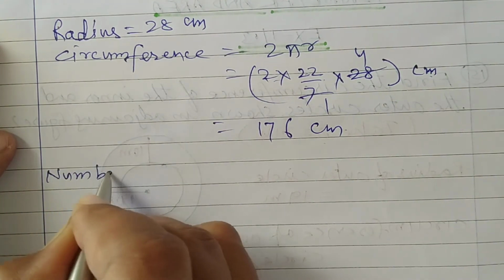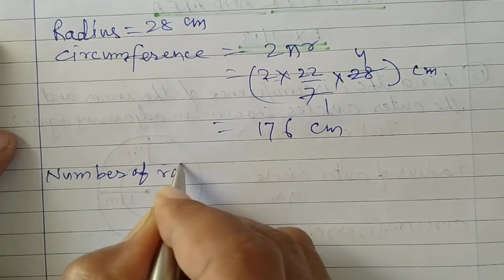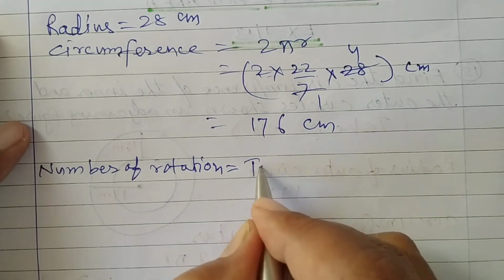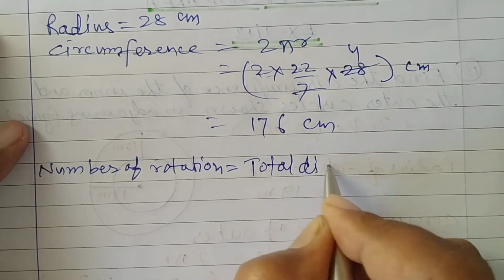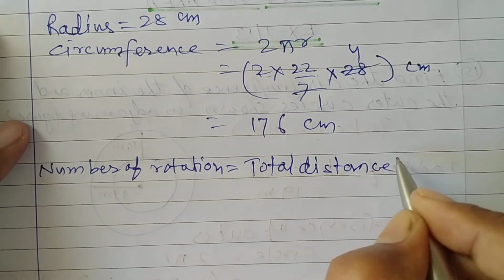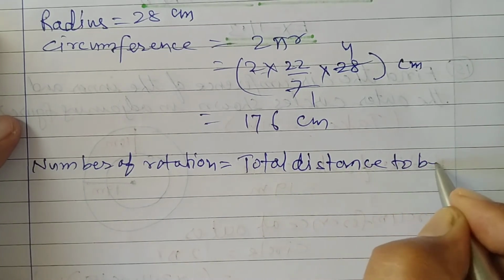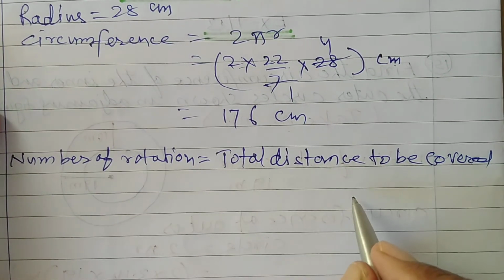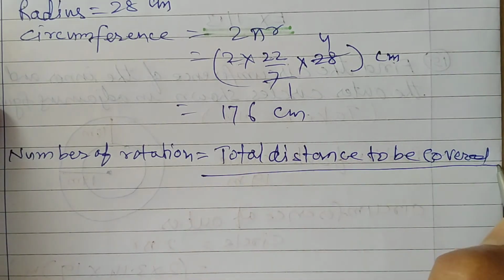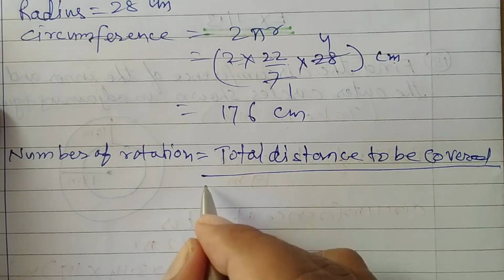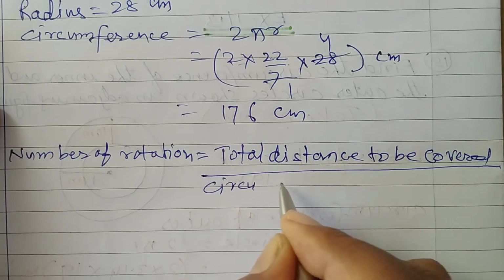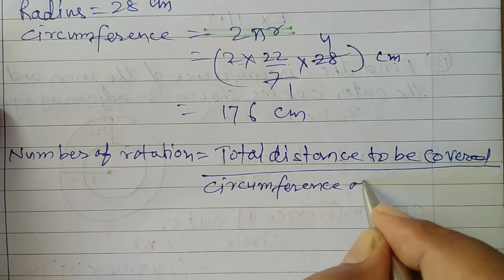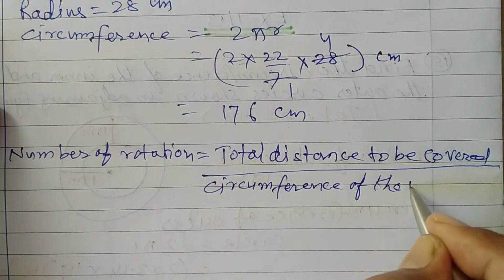Number of rotation equal to total distance to be covered by circumference of the wheel.